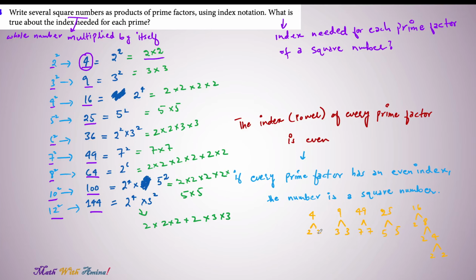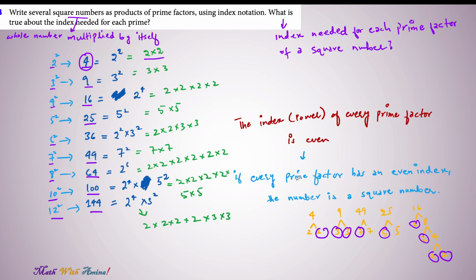For some of the square numbers, I have shown how we can find their prime factors using the tree diagram method. As you can see, for 4 or 5 of the square numbers listed here, I have used the tree diagram to find their prime factors. 3 is a prime number, 7, 5, 2, so for all of them we were able to use the tree diagram method.